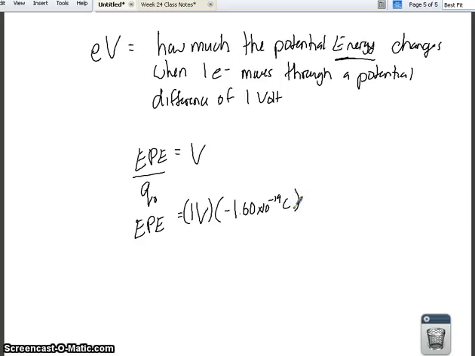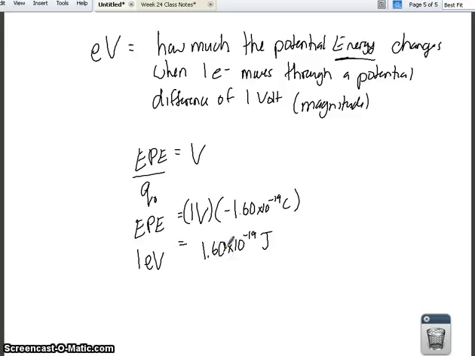Okay, and this is just magnitude, and so what that means is the sign doesn't matter. And so basically, 1 electron volt is equal to 1.60 times 10 to the negative 19th joules. It takes that much energy to move an electron through a potential difference of 1 volt.